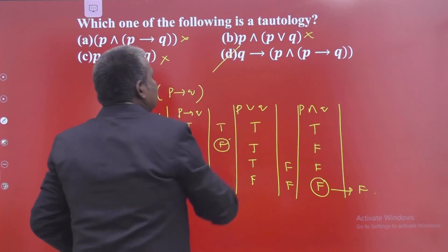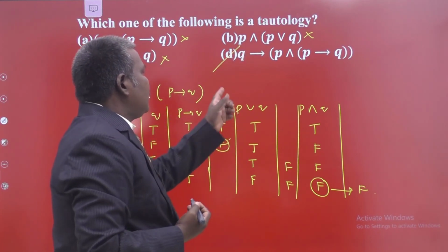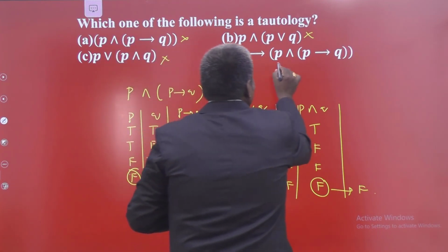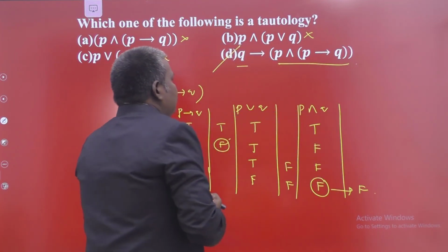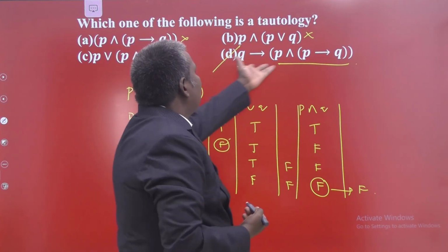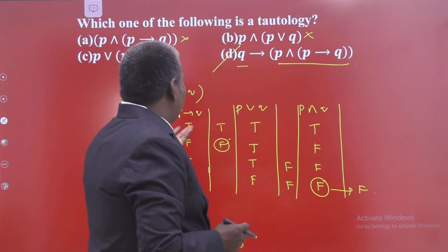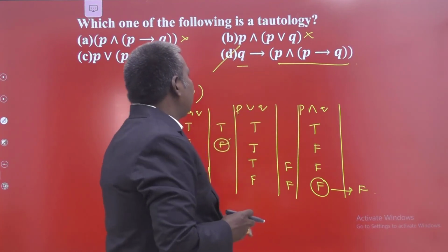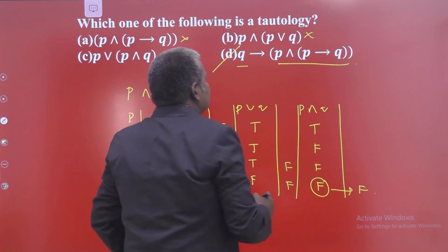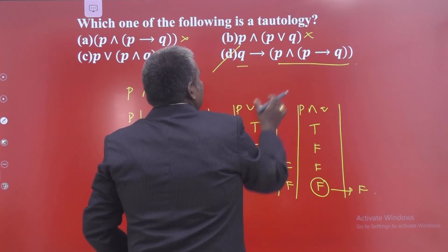Hence, the correct one is (Q implies P) and (P implies Q). Out of 4, 3 are invalid, so automatically this will be correct. If you write the truth table, you automatically get the answer. Or you may write this one also. Q implies P means what?